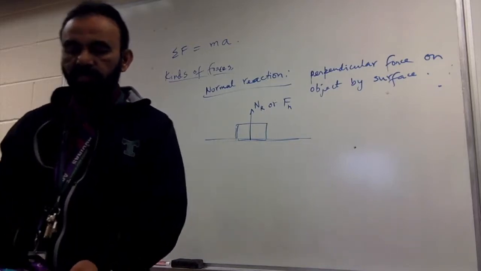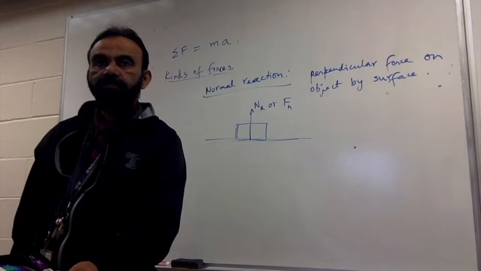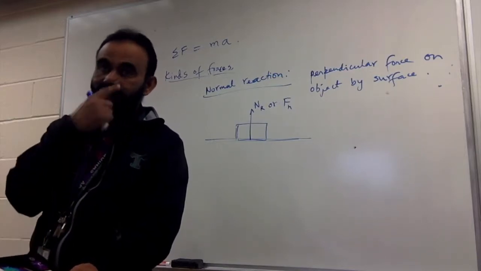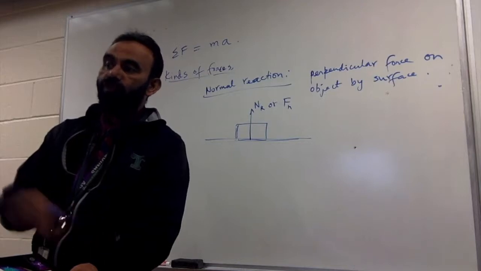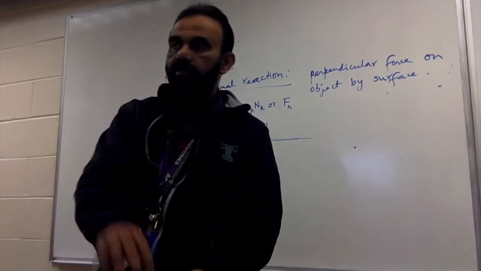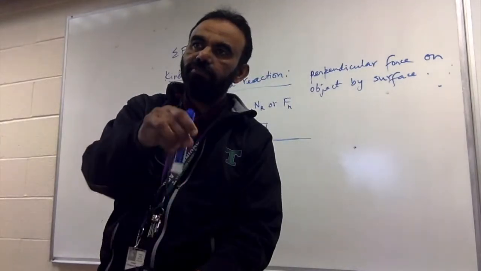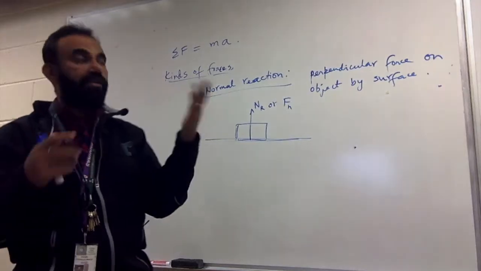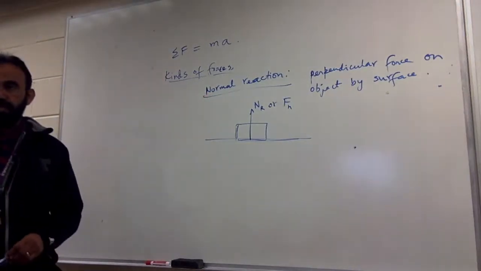This object is sitting there, but it's not on a horizontal surface or on an inclined surface. Which way is the normal force offered by the book on that object? Sideways, kind of. It's like that. Perpendicular to the surface. That's what you should be thinking. Is that clear? The normal reaction part of it?